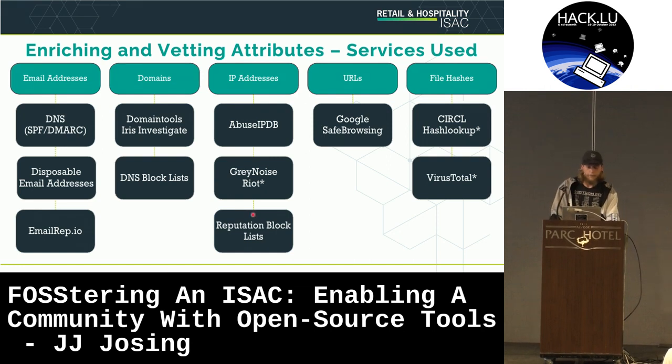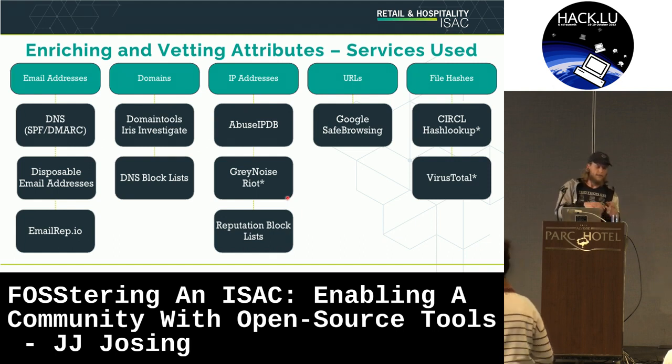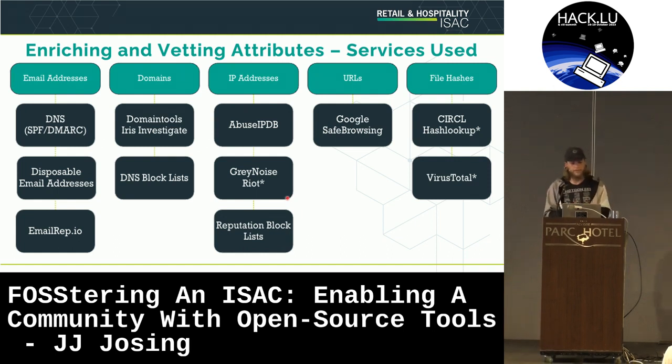Should note the ones that have asterisks here are dual purpose, therefore also identifying potential false positives. GreyNoise RIOT, for those of you that don't know, looks up an IP and gives it one of two different trust levels. Trust level 1 means it's a cloud IP space that's owned and controlled by the cloud provider.